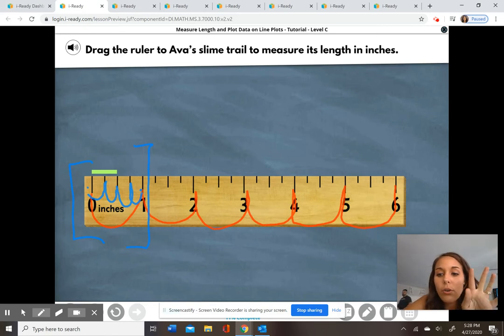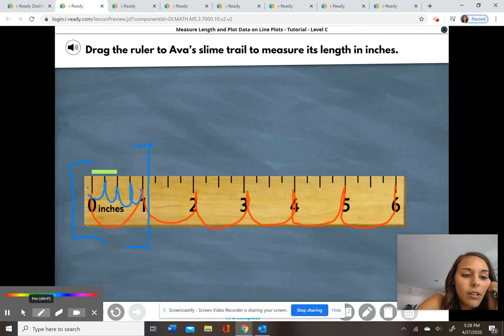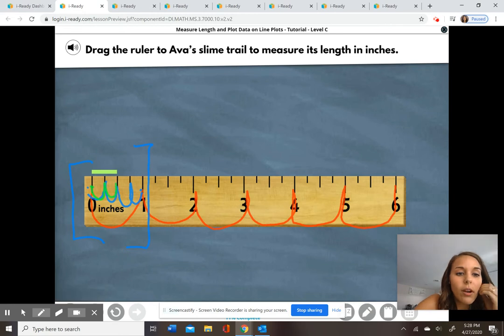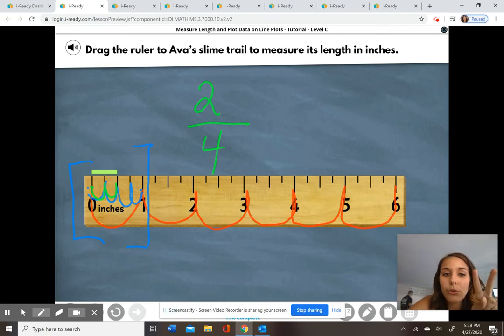So there's 4 total sections, which means that this is broken into fourths. So each inch is broken into fourths. And as you can see from this picture here, it is traveling 2 of those 4. So your answer would be 2 fourths because there's 4 total and you've traveled 2 of them.